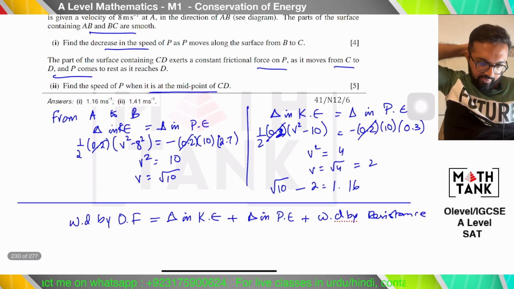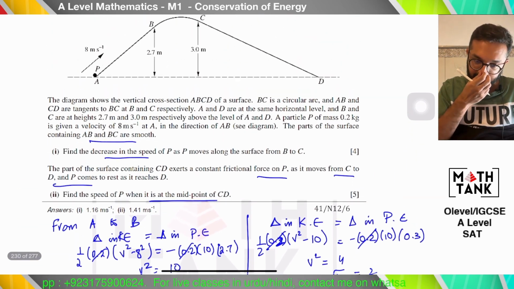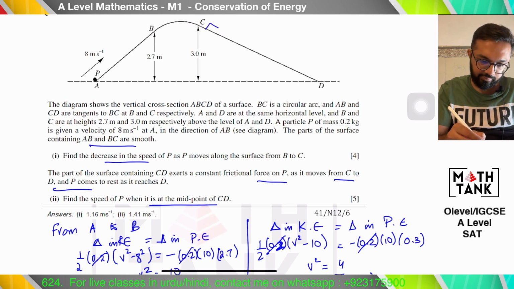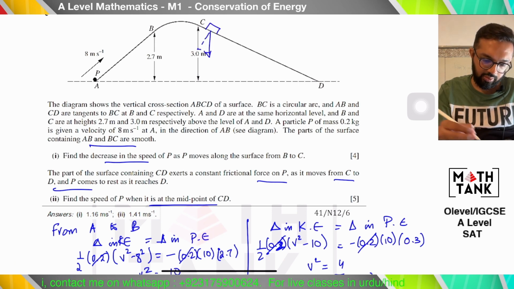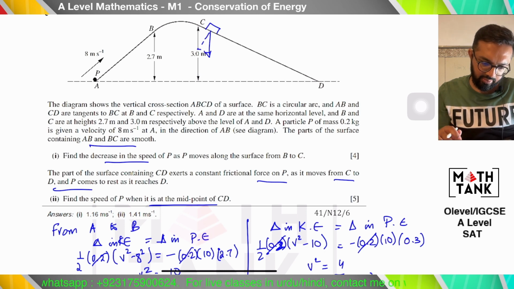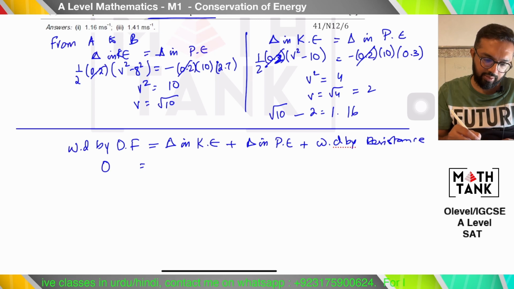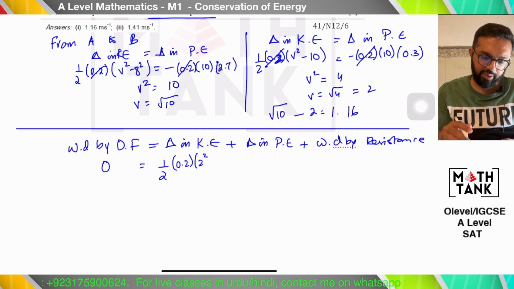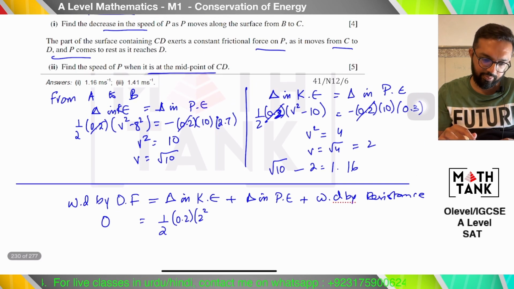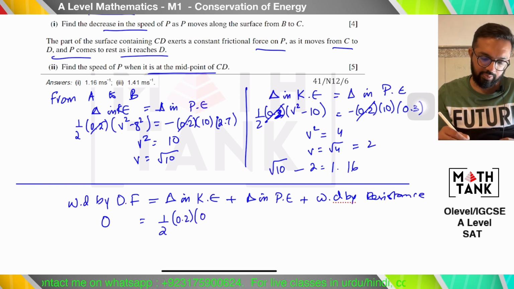Okay, it's a constant frictional force. I don't know mu, right? Okay, let's see how this can be done. There is no driving force involved. I am coming down with a speed of 2 squared, and it comes to rest at D. So half m (v squared minus u squared).